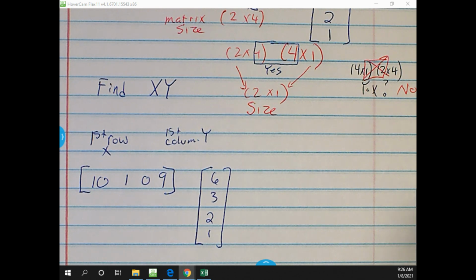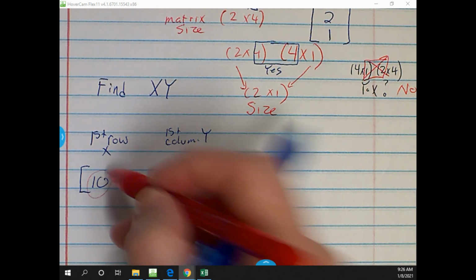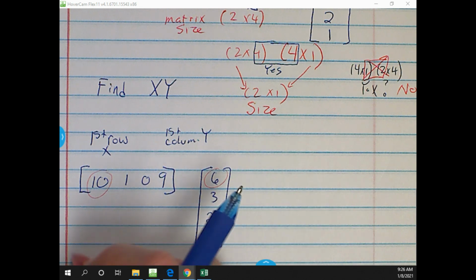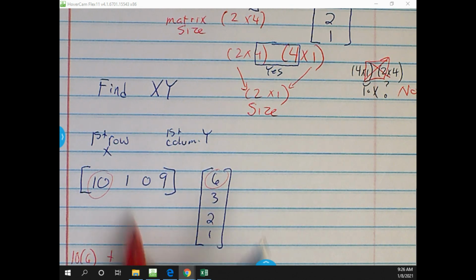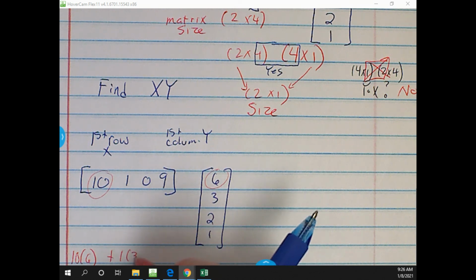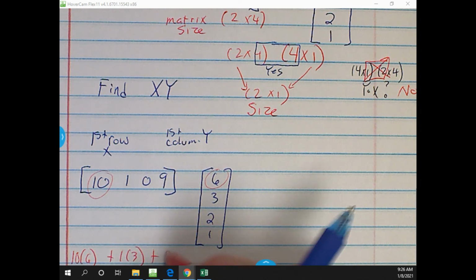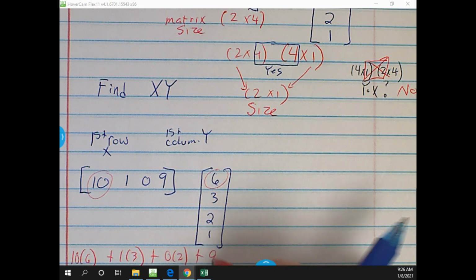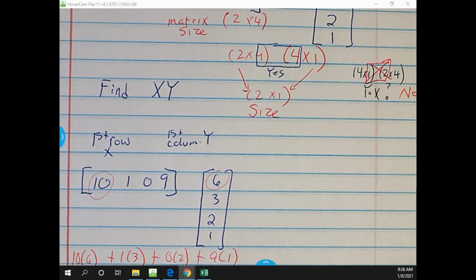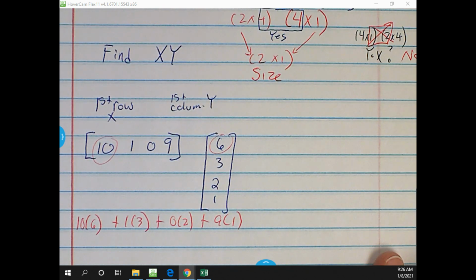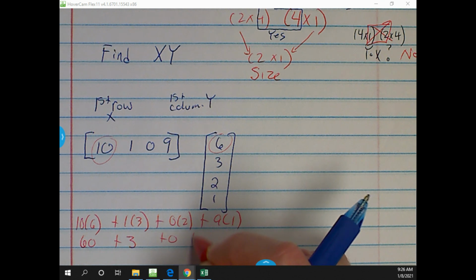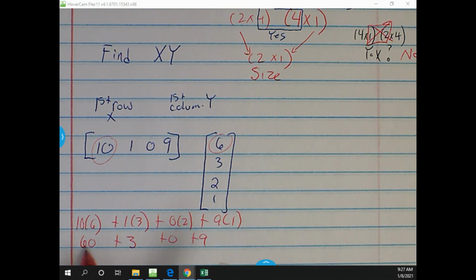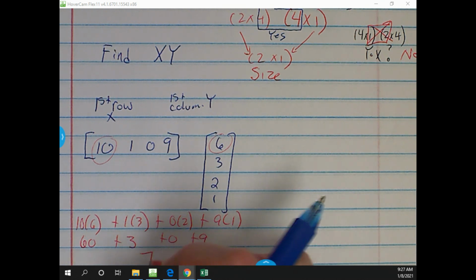When you multiply these together, it's just the first number here times the first number here. So it's 10 times 6 plus 1 times 3 plus 0 times 2 plus 9 times 1. So that's 60 plus 3 plus 0 plus 9. That's 63 plus 9, which would end up making that out to be 72.